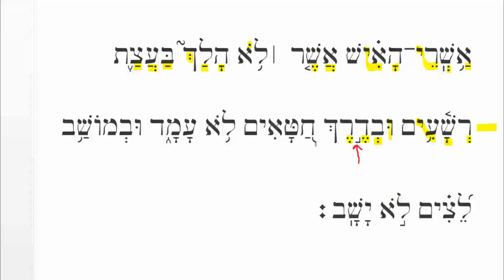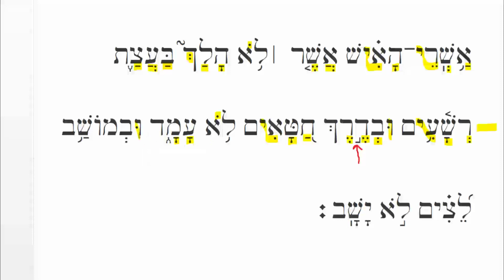Okay, moving on to the next word, we have the chet has a patach. This tet, which has a dagesh forte in it, which we'll come back to, has a kamets. Then the aleph has a hirik yod, that vowel letter. It's one vowel. Here we see lo again with that holam. Then we have amad. So we have the kamets and the kamets, amad.